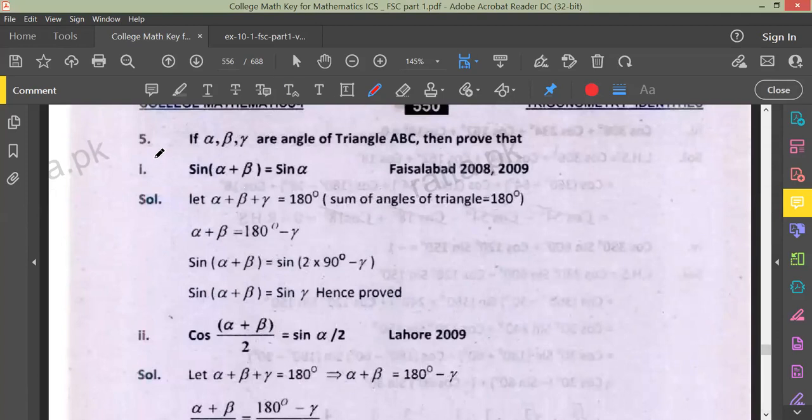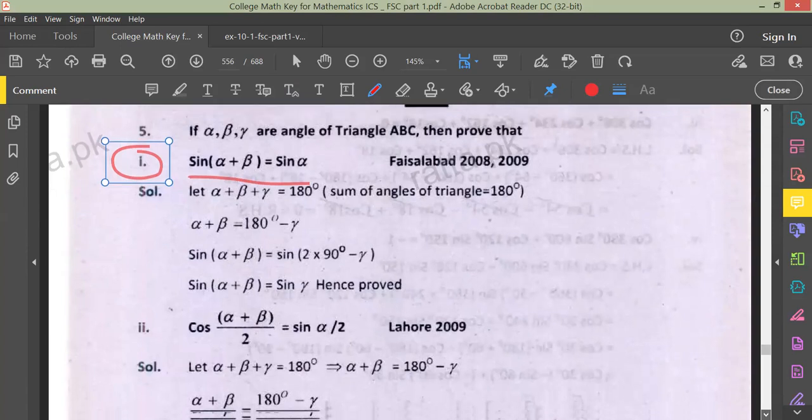So this is the solution of the first part we had done earlier. Because alpha plus beta plus gamma is equal to 180, since the sum of the interior angles of a triangle is 180, alpha plus beta will be equal to 180 minus gamma. So after applying the formula, this will be proved.